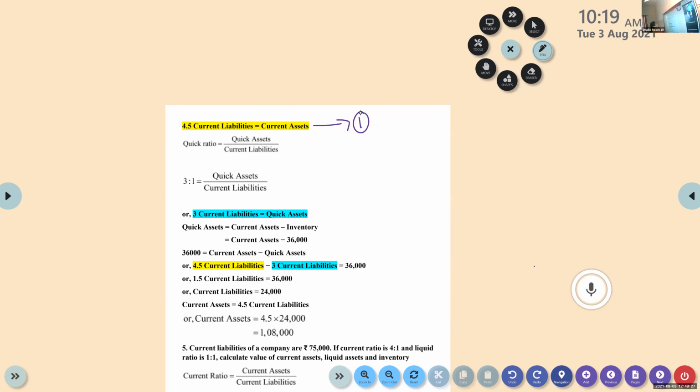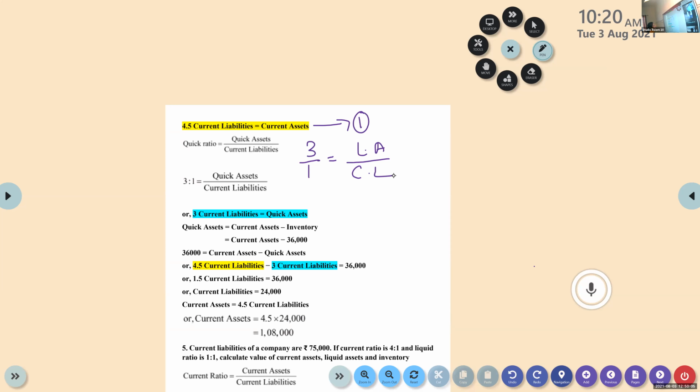Similarly, we'll do it with quick ratio also. So quick ratio or liquid ratio is equal to 3 is to 1. 3 is to 1 means 3 by 1 is equal to liquid assets divided by current liability. Liquid assets or quick assets, whatever it is.